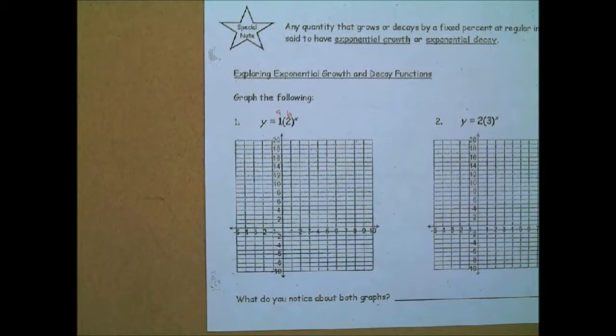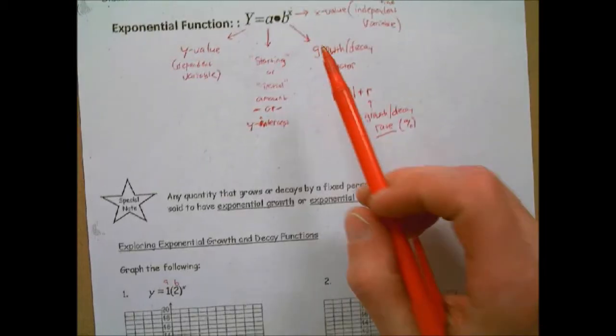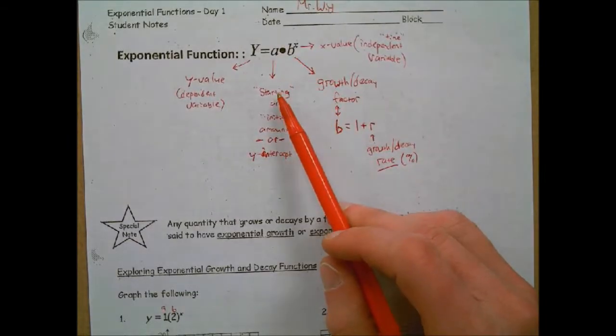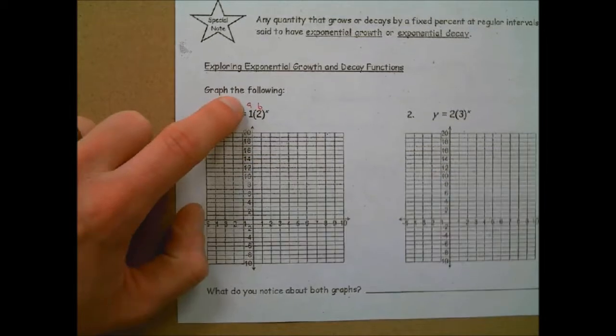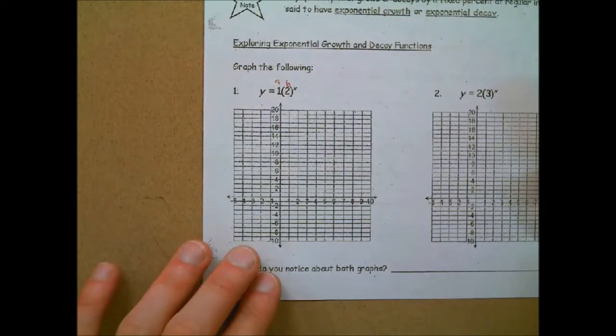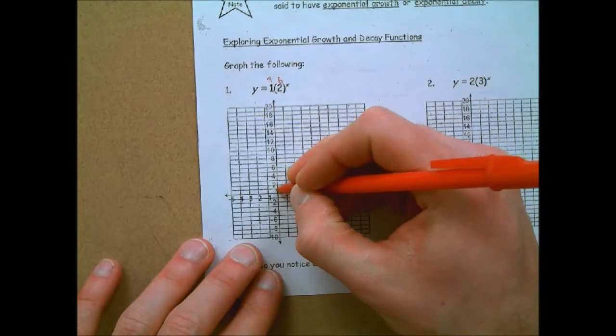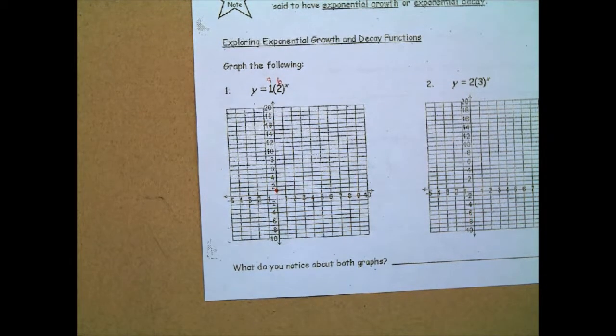Now we go up here, we can refer back to this. If A is 1, then that's our starting or initial amount, or it's our y-intercept. So we know that our y-intercept is 1. So I can put a point on the y-axis at 1, and I know there's a point right there. Okay, I got the point, 0, 1. It's my y-intercept.